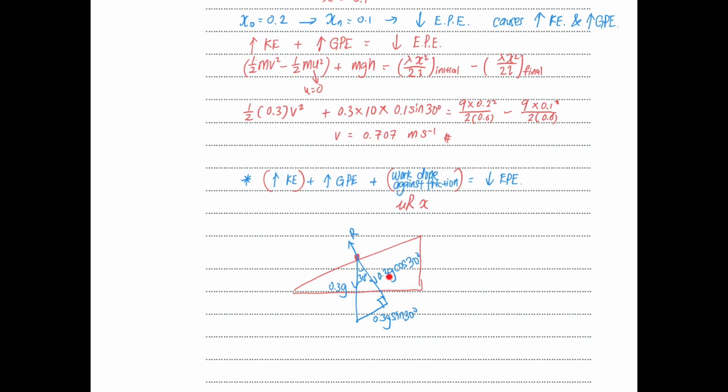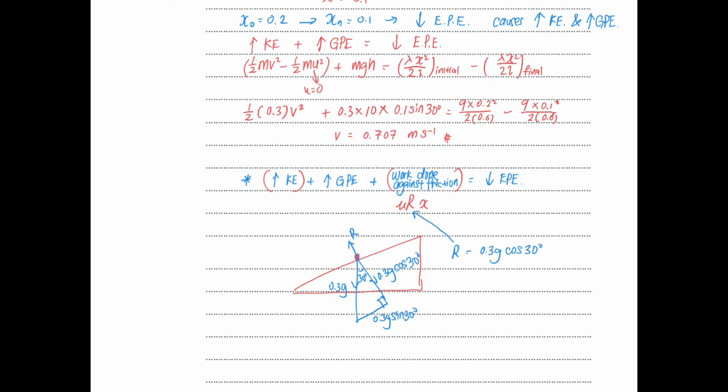So R and the weight component in this direction are in equilibrium because in this direction the particle has no net force. They are just moving up only, not moving either this way or this way. So that means they are in equilibrium. Because of that, R is equal to 0.3 g cos 30 degrees. So if you have work done against friction, you have to find R in that way.